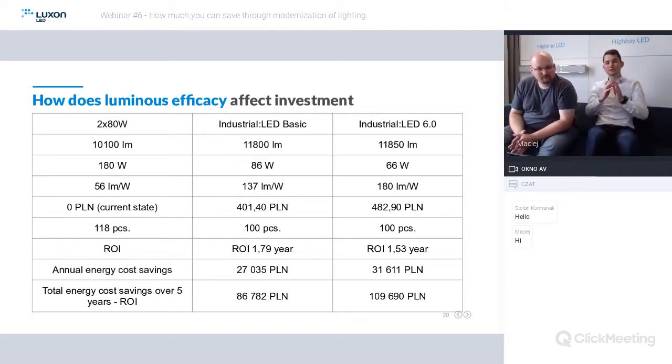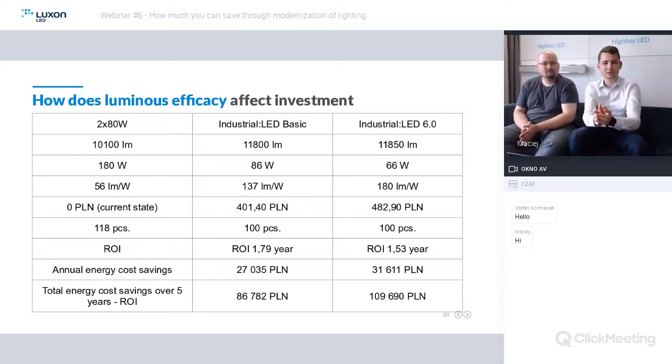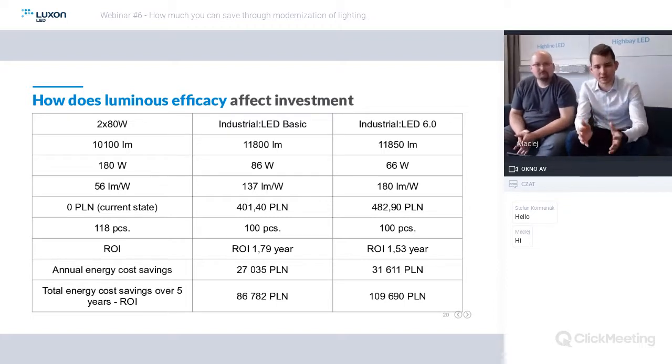We were talking about the possibility of going back to the customers, to the clients, and replacing already installed LED lighting that has been done throughout 2010, 2015, 16, even 17. If the warranty has finished, then it has a lot of sense to go back to the client.